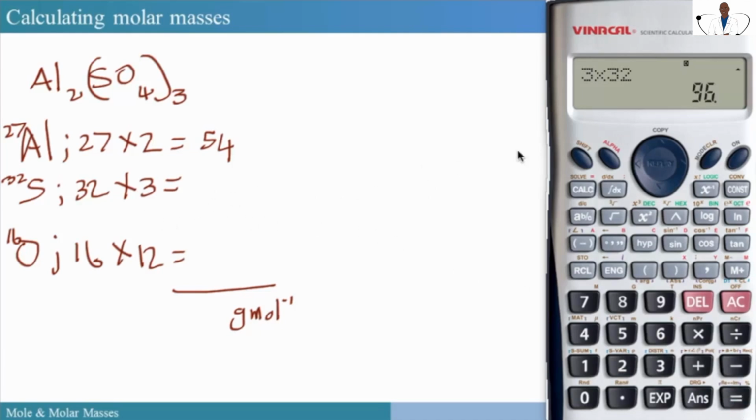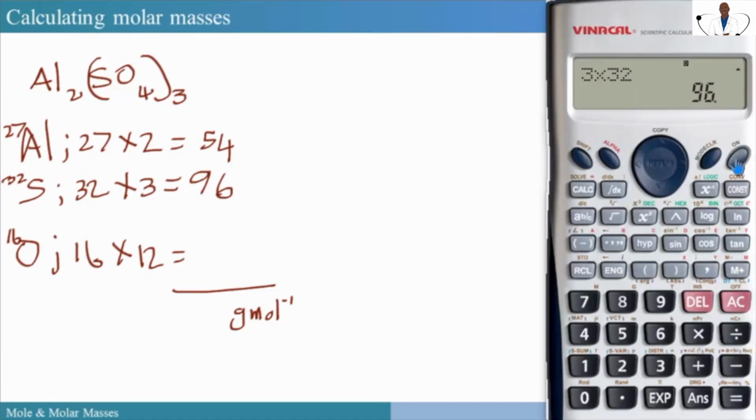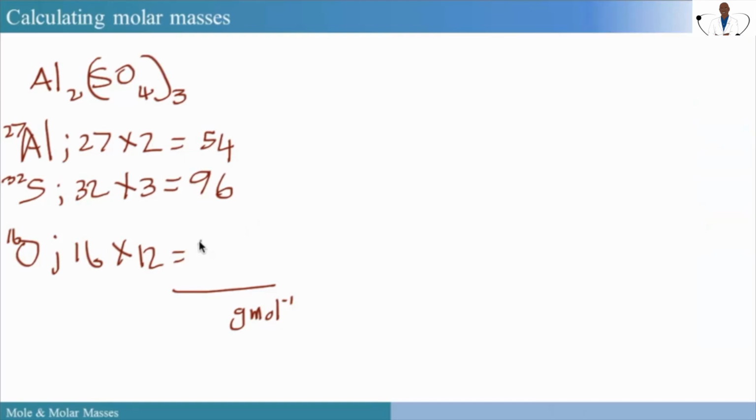And that would give us a mass of 96. For oxygen, we would have a mass of 16 times 12. And that would give us 192.